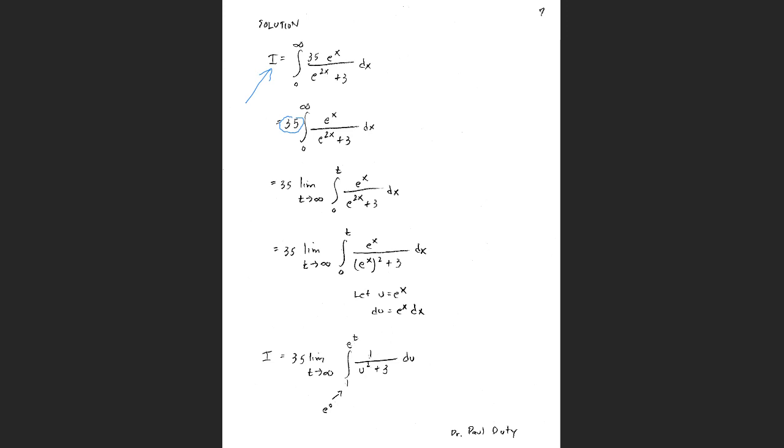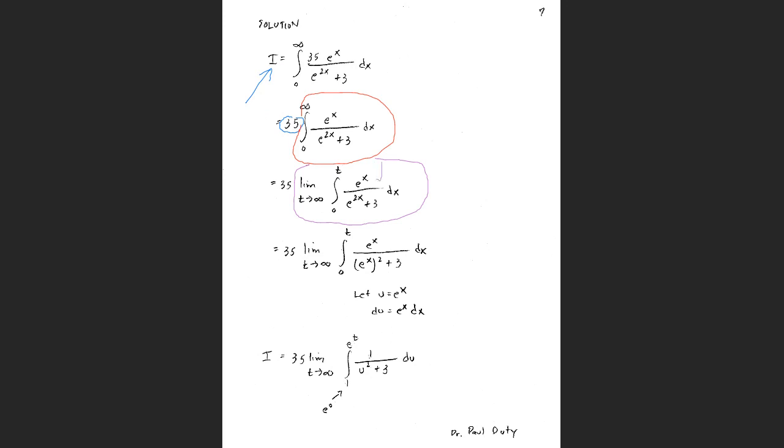Now I'm going to write the improper integral as the limit of the proper integral: the limit as t goes to infinity of the integral from 0 to t of e to the x over e to the 2x plus 3.